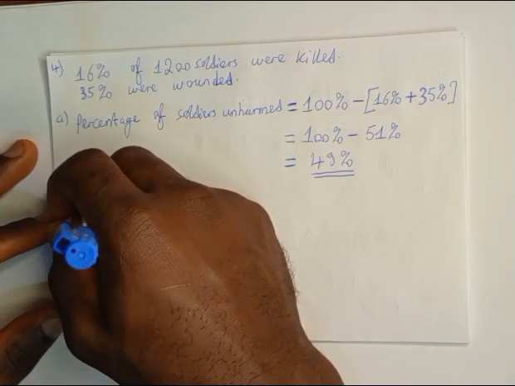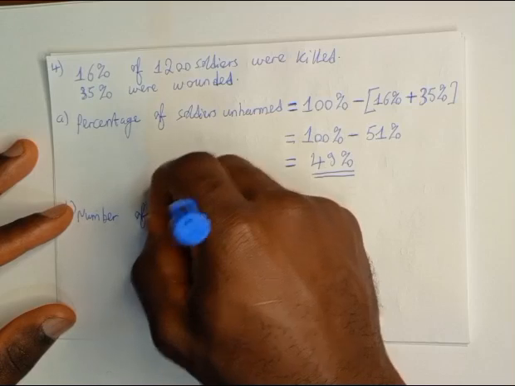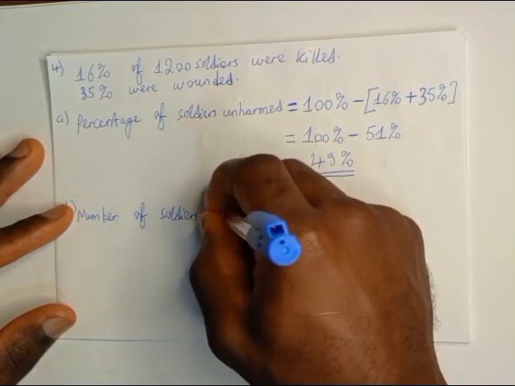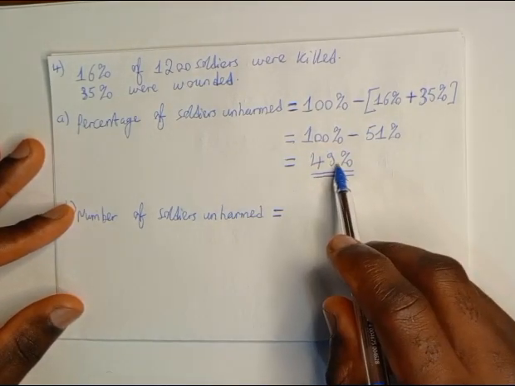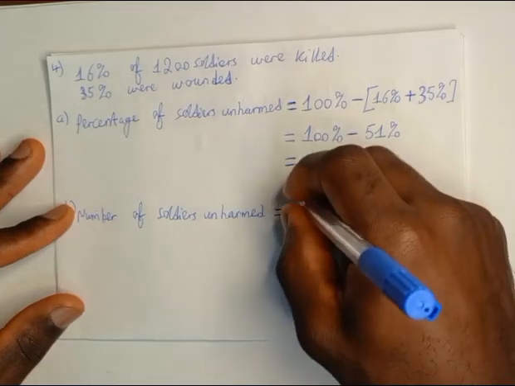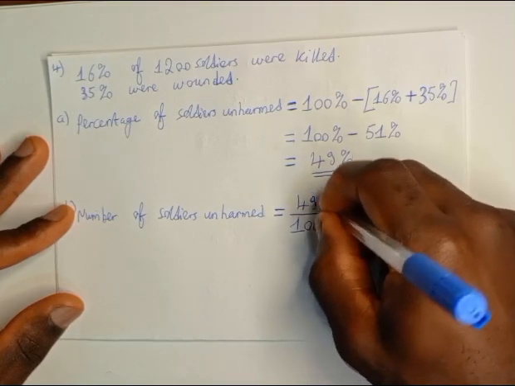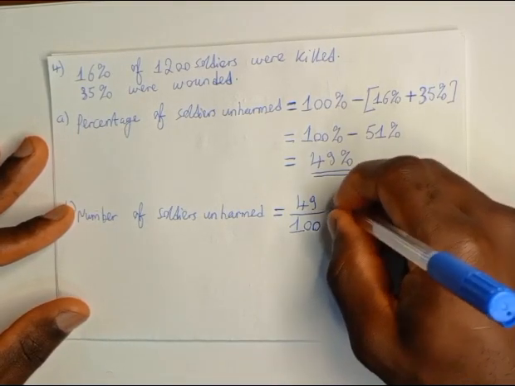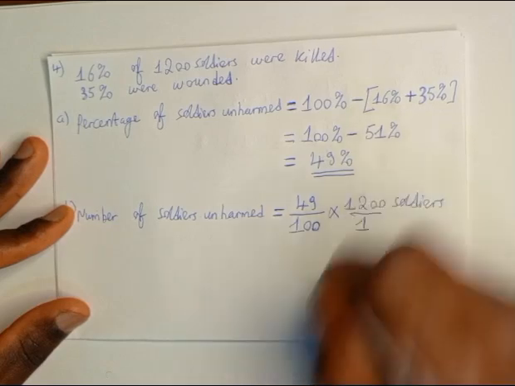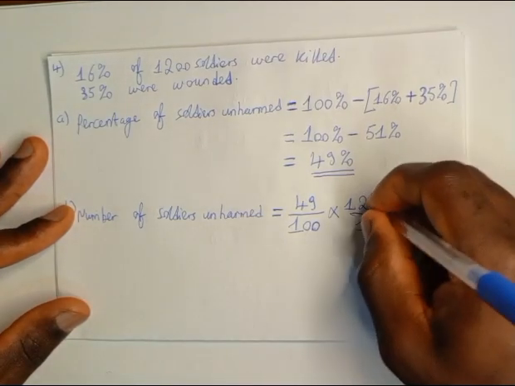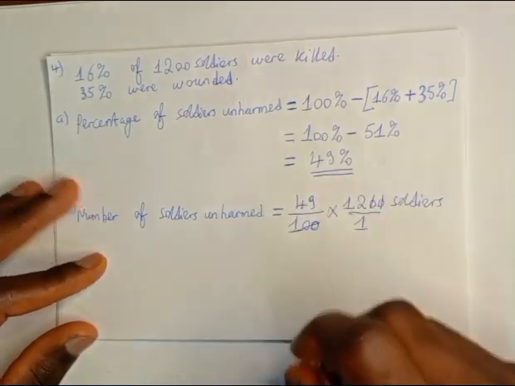Number of soldiers is simply equal to, we have 49%, the percentage of soldiers unharmed, expressing as a fraction gives us 49 all over 100 times the total number of soldiers who went for the battle, 1,200 soldiers all over 1. 100 will go into 1,200 12 times. 100 will go into 100 one time.